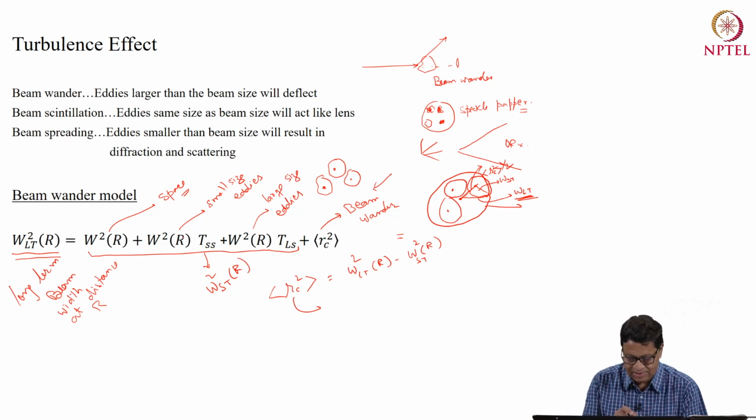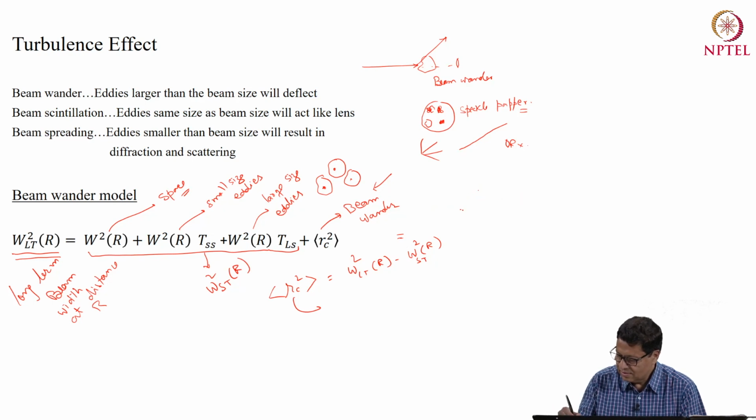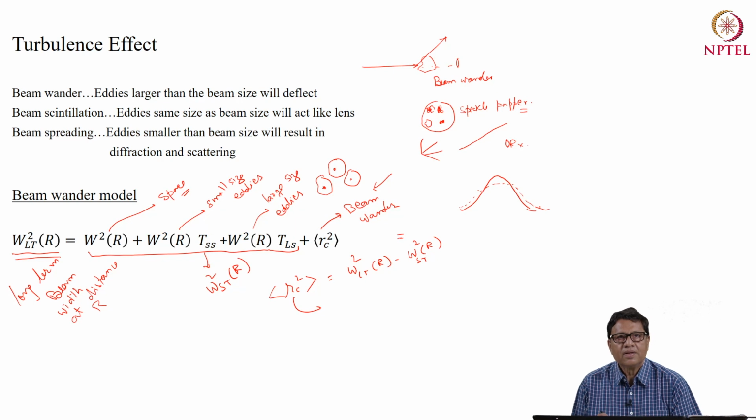The overall effect of this beam wander model is that if you launch a Gaussian pulse like this, then because of the beam wander at a distance r, the pulse will become flattened in the middle. Near the bore site, it will get flattened. If you see the power in this range, it has decreased.